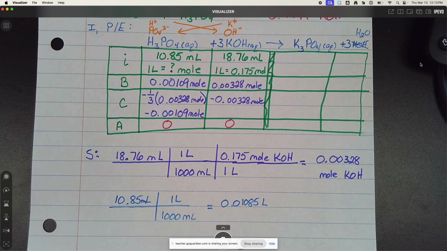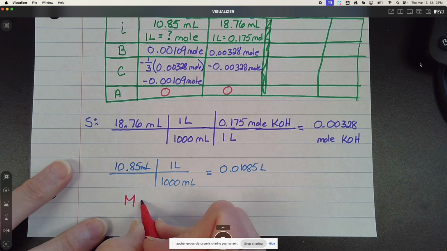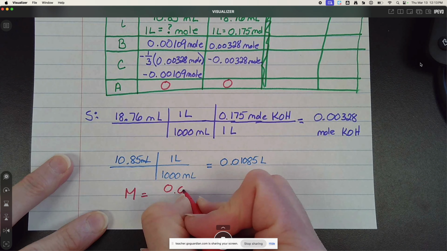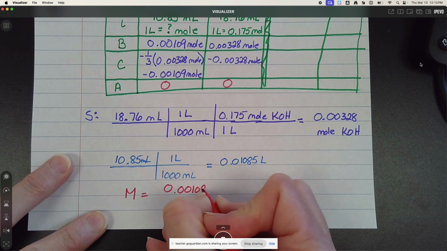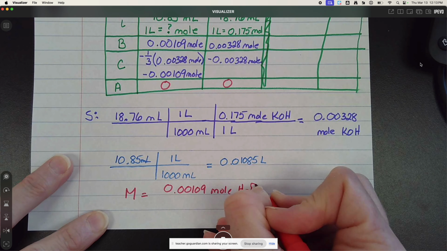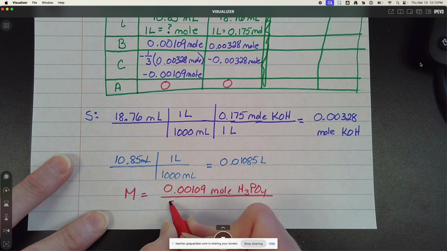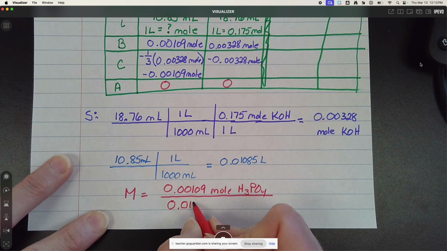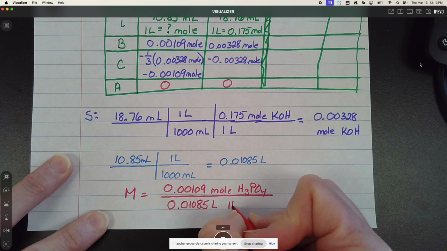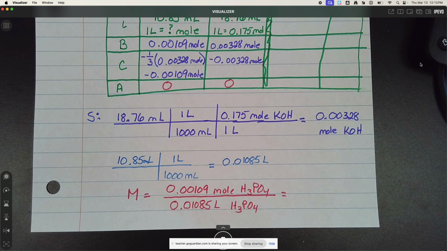And then I have to calculate my molarity, which is the number of moles of phosphoric acid I used, 0.00109 moles of H3PO4 in 0.01085 liters of H3PO4.